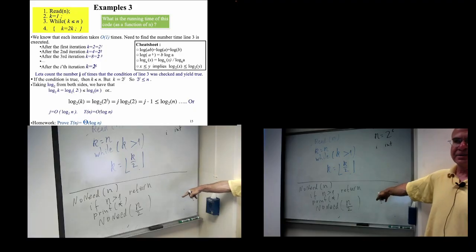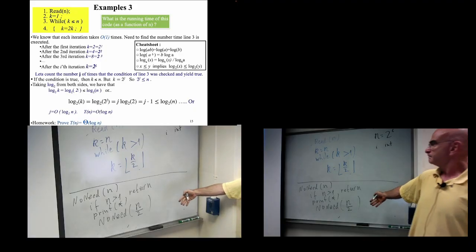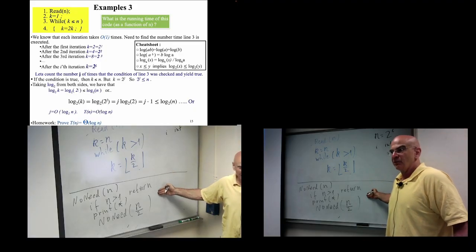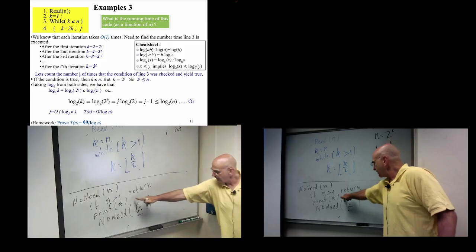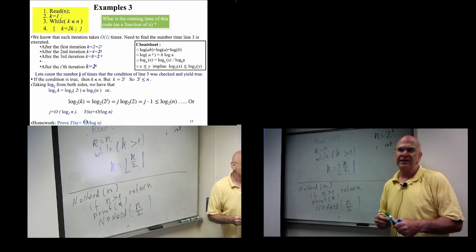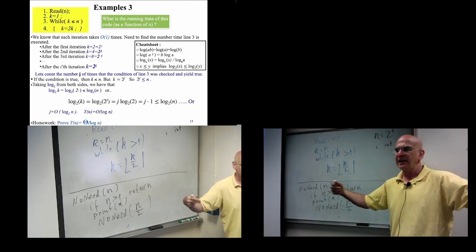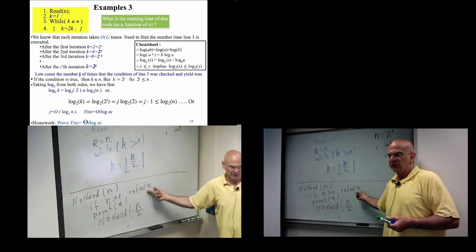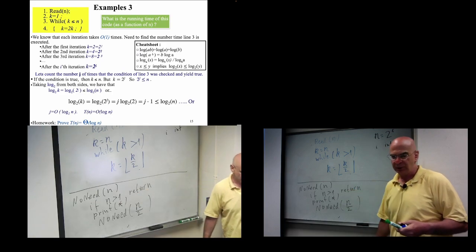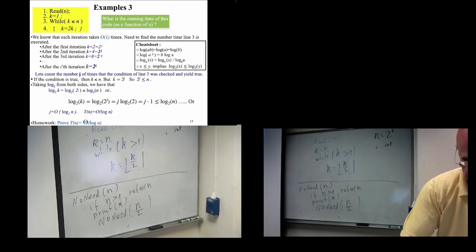It's the same thing, just recursive. n calls n over 2, which calls n over 4, which calls n over 8. Why do I print the star here? It's just so you'll feel that something happens in each call. The running time is just proportional to how many stars, how many asterisks I print.